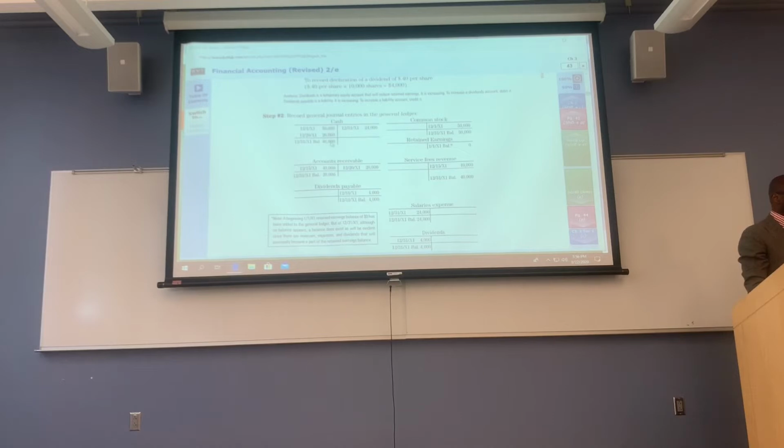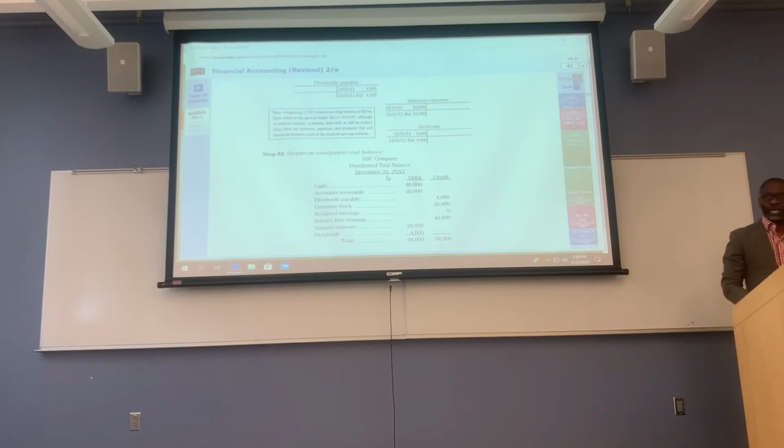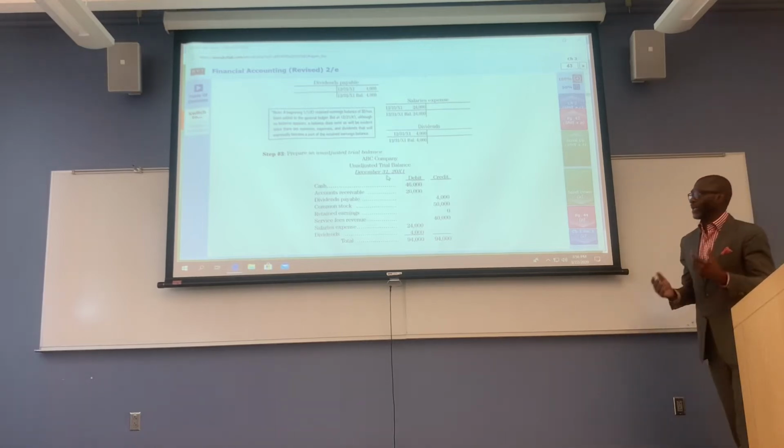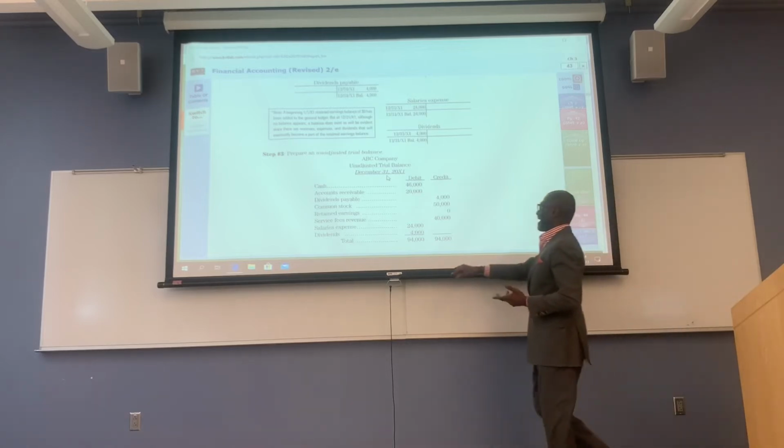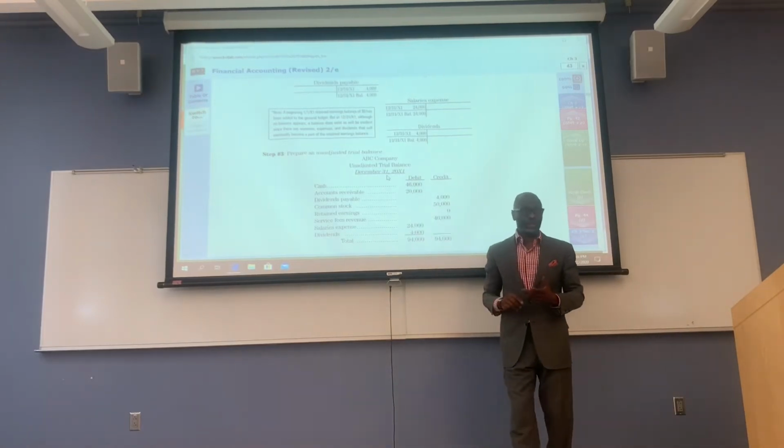Cash, we had two debits totaling $70,000, one credit totaling $24,000. In the unadjusted trial balance, you just get the account balance. You don't show the total debits and the total credits. You show one number representing the ending balance in the ledger account for cash.